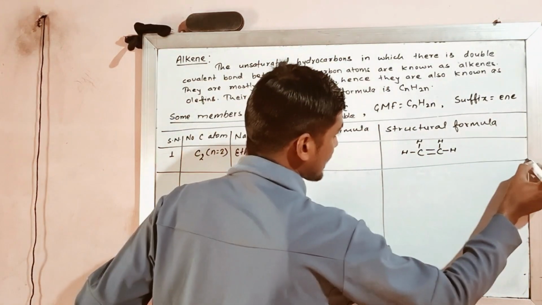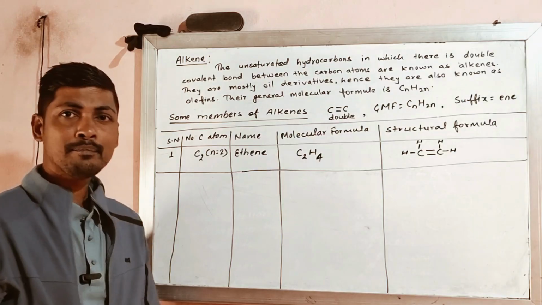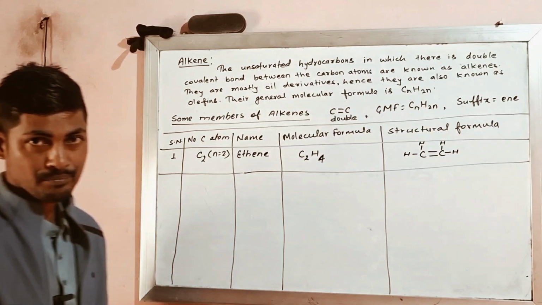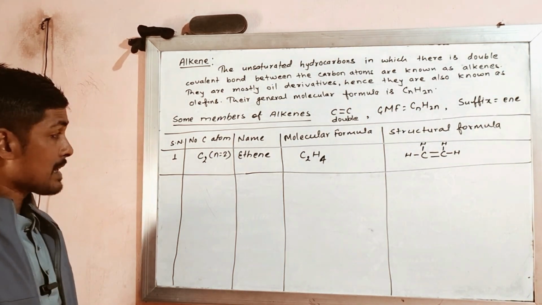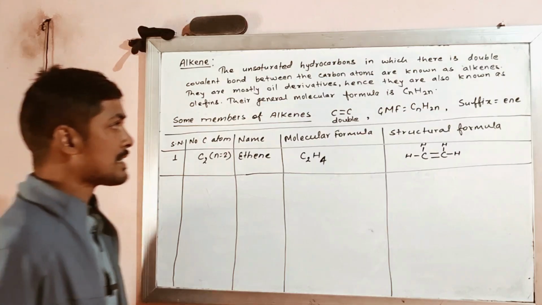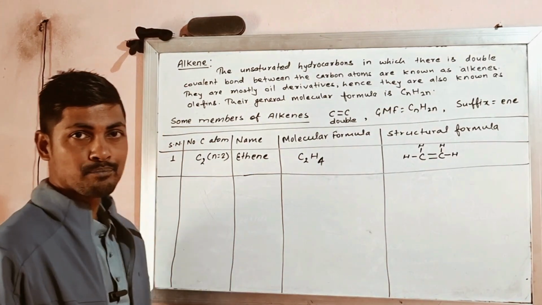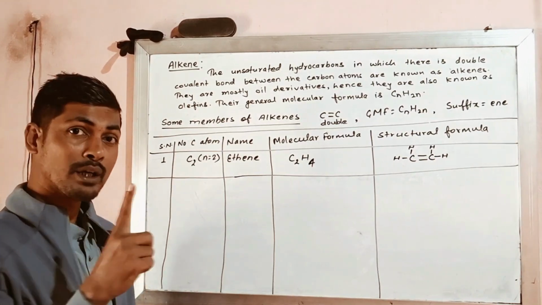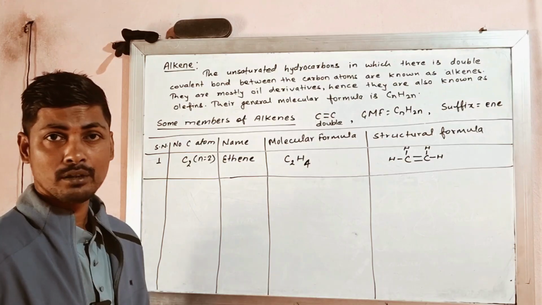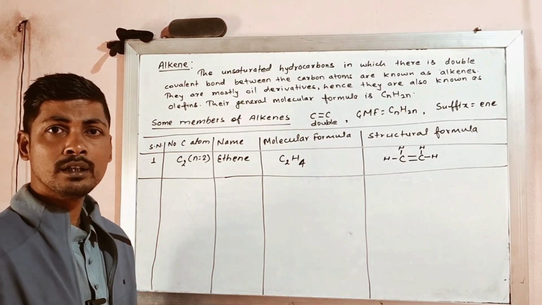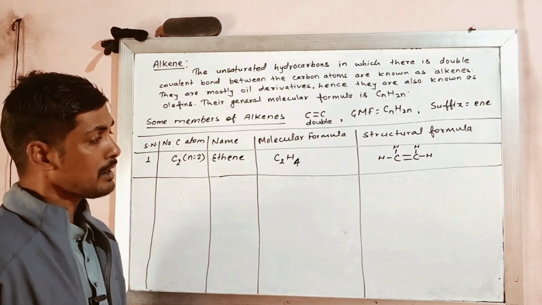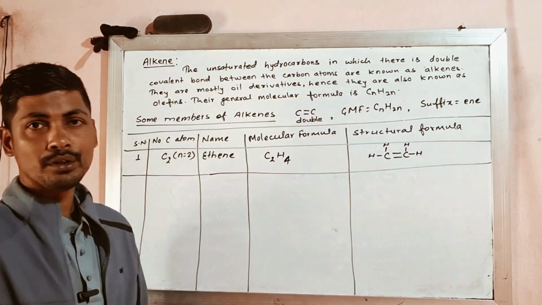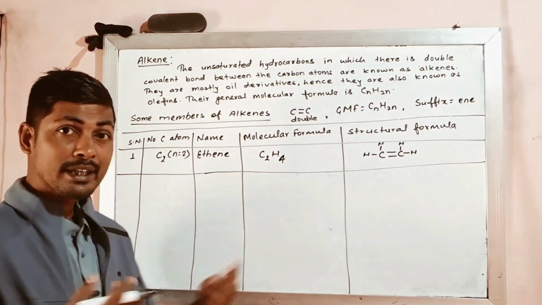Here, in case of alkene, why is methane not available and why don't we write the condensed formula here? Because in case of alkene, since a double bond is required between two carbon atoms, if we take only one carbon, then a double bond is not possible. That is why methane is not possible in alkenes. And if we talk about the condensed formula, the position of the double bond we can keep anywhere.